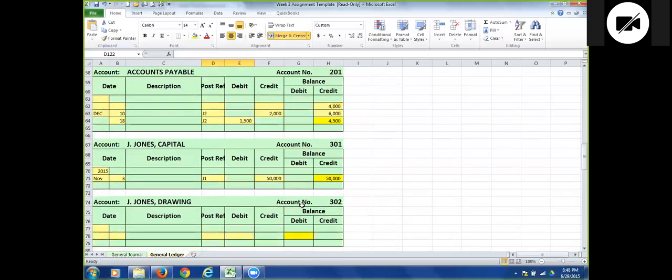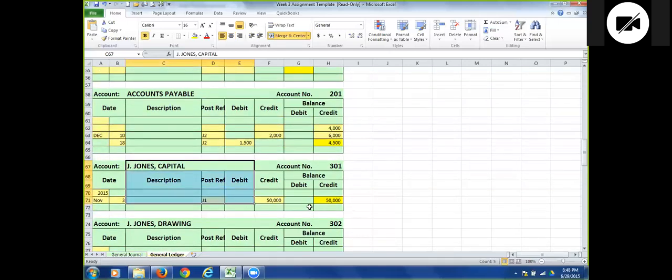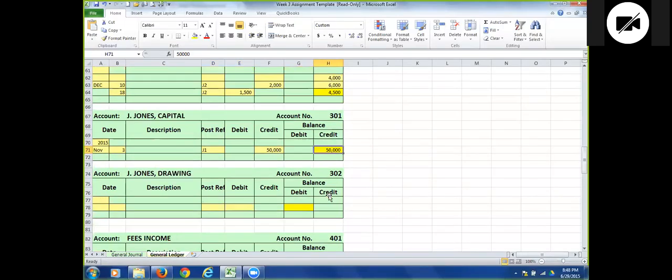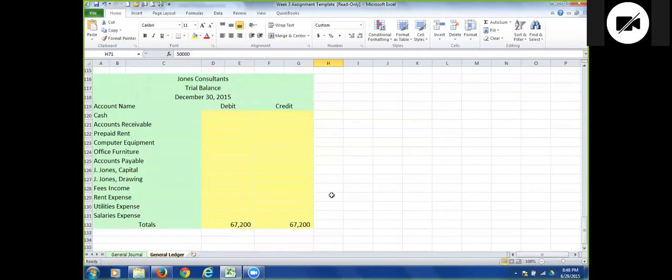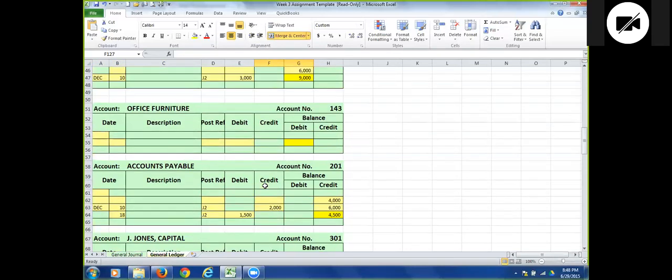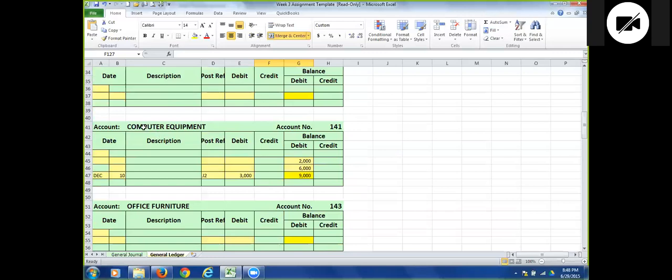So, for instance, J. Jones Capital, their ending balance is a $50,000 credit. So you just go down here, J. Jones Capital, $50,000 credit. That's all you're doing for the trial balance. So you do that for each individual account. Like computer equipment, you guys already have the ending balance.